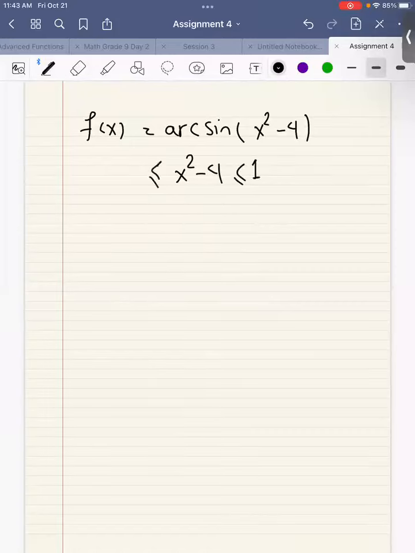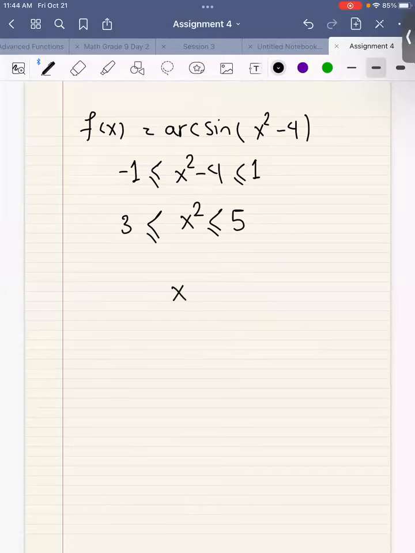So that means anything inside arcsine must be between -1 and 1. So you have to solve this inequality. So that means x squared must be between 3 and 5.